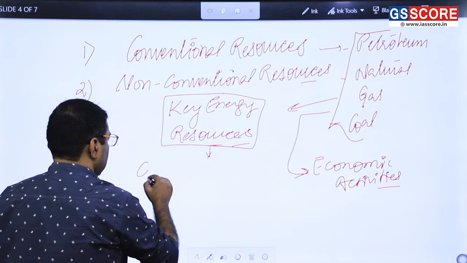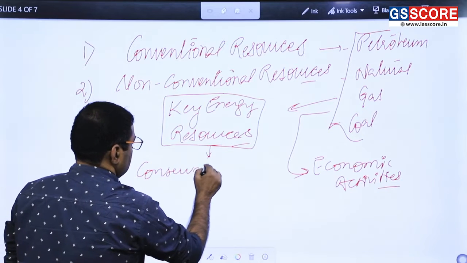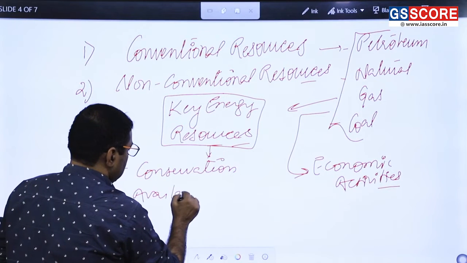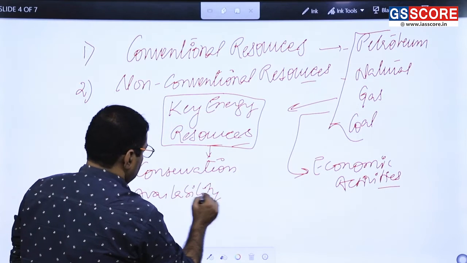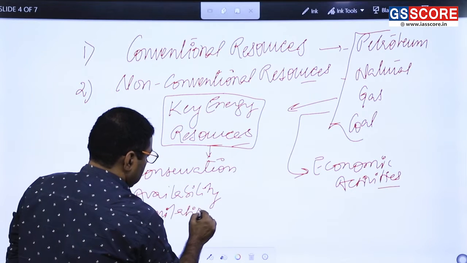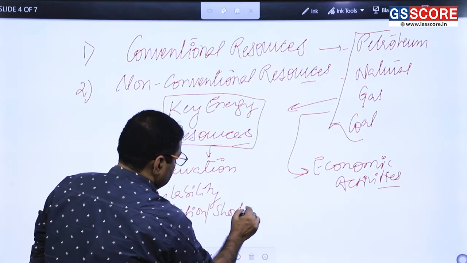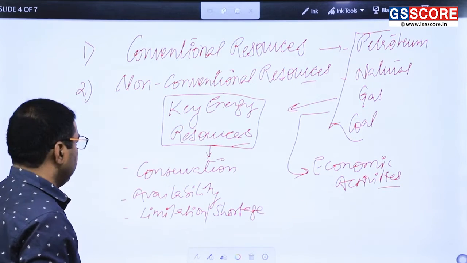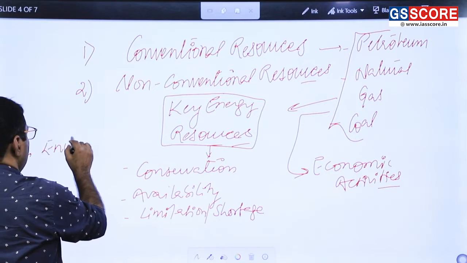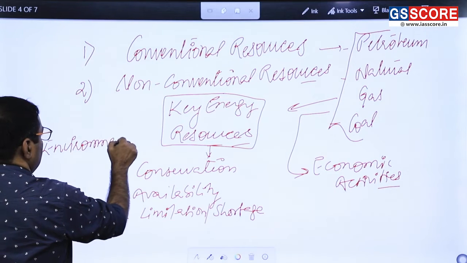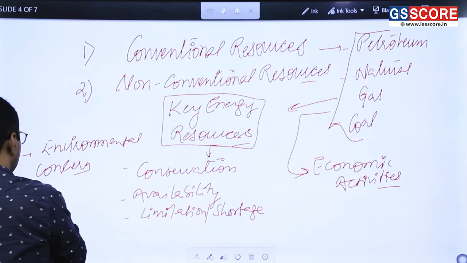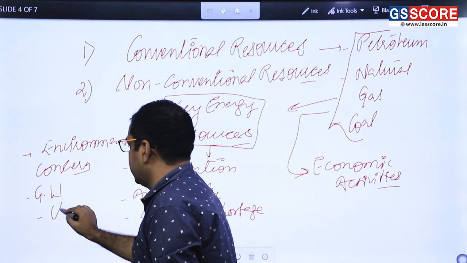So these key energy resources have always been in the news in terms of their conservation, availability, limitation or shortage, right? They have always been in the news due to the environmental concern like global warming, like climate change.